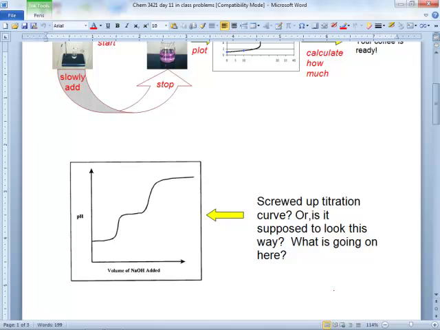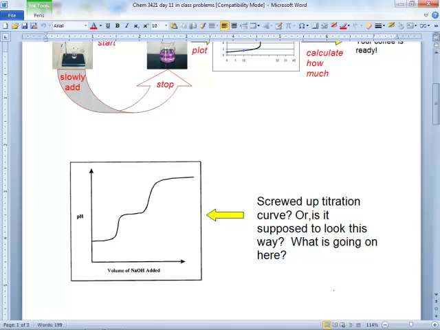So here's an example of a plot. Does it look like they screwed up on it? Because when we think of titration curves and plotting them out, what do they usually look like? Do you remember doing this? I think you've done it in general chemistry.